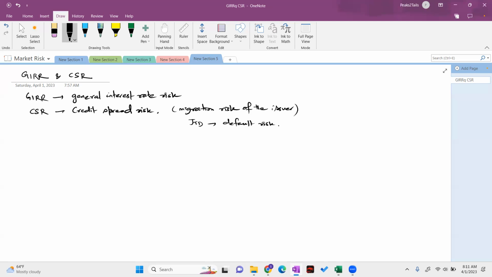But from a regulatory FRTB capitalization standpoint, bonds are exempt from curvature risk treatment. Just because their cash flows, every month you get coupon. Coupon is a fixed percentage of the notional, right? Linear function of notional. There is no non-linearity there in terms of the payoff or the cash flow. So there is no curvature risk for plain vanilla bonds.